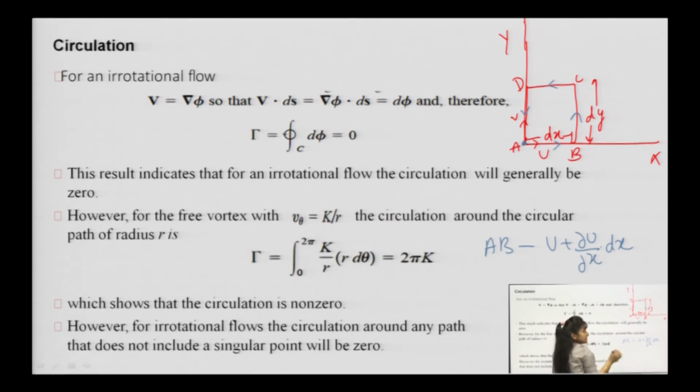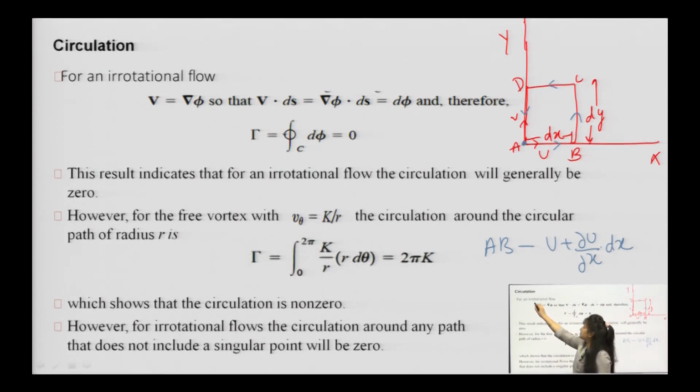And hence, instead of calculating single parameters, we can consider the velocity component as a line integral, and this particular path integral is known as circulation.